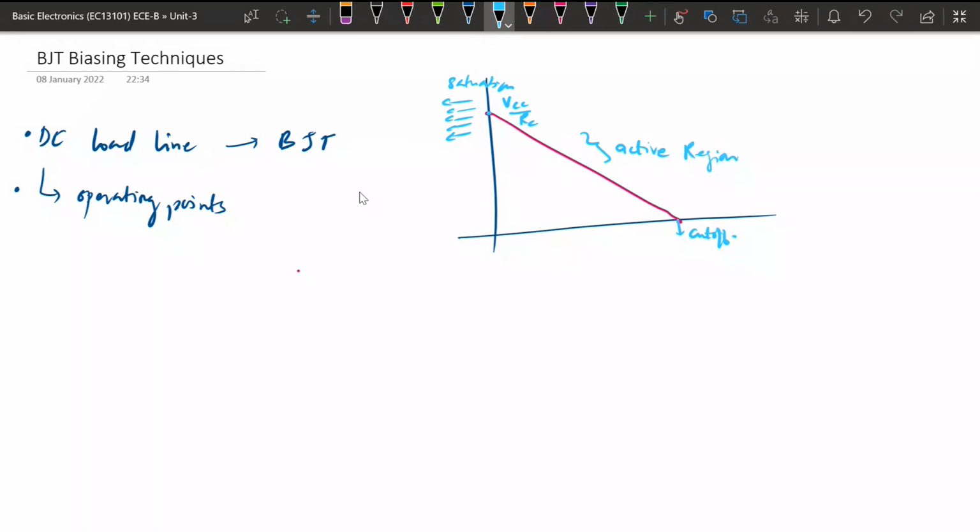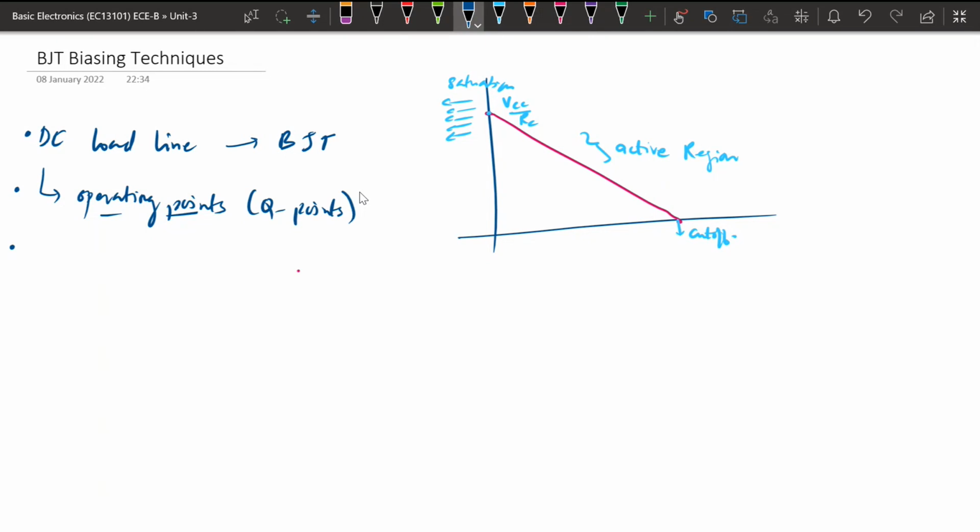Okay, so we have seen all this, and why this DC load line, or why the operating point, the Q point, is required for proper operation of a BJT as an amplifier.